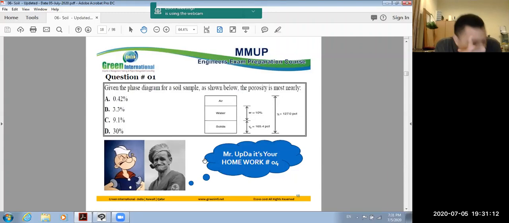The porosity is equal to the volume of voids divided by the total volume of the sample.